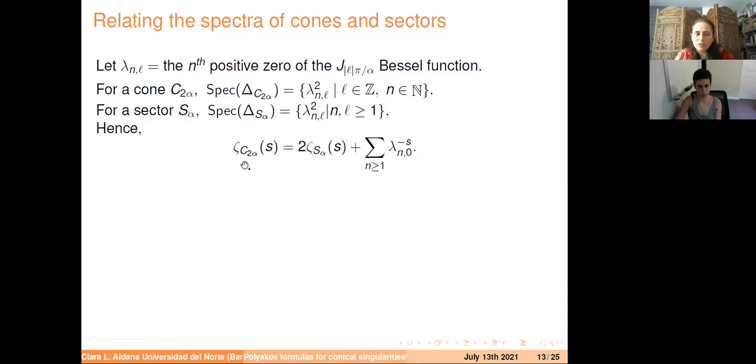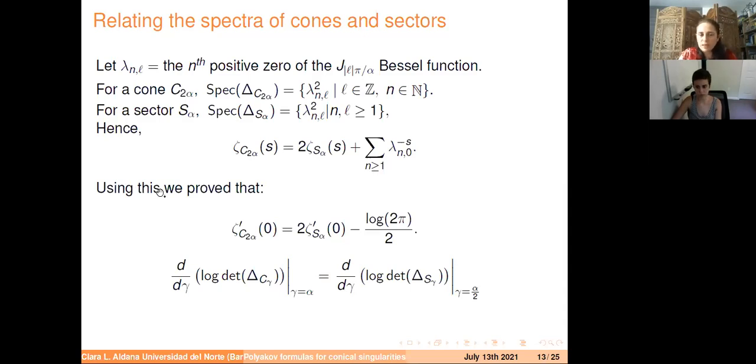So using these, we have the spectral zeta function for cones of opening angle 2 alpha equals twice the spectral zeta function of a sector of opening angle alpha plus this sum. These are the zeros of the zero-order Bessel function to the power minus s. And what we prove is that this part also has an asymptotic meromorphic continuation that is regular at s equals 0, and this gives us this number.